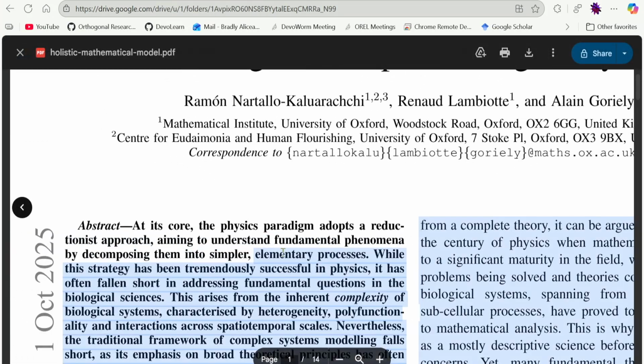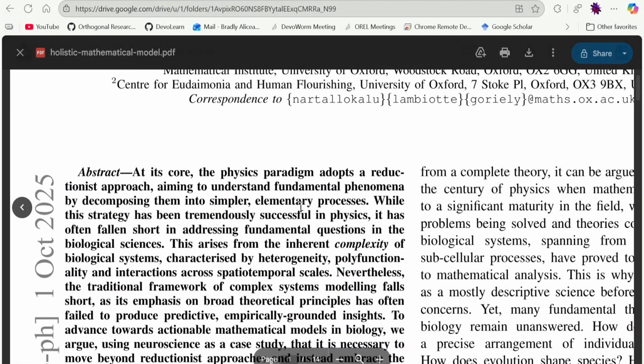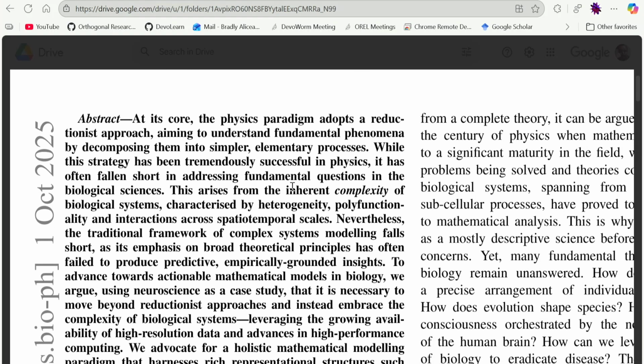So they're going to get into modeling and some of the aspects of modeling, philosophical aspects, technical aspects that we need to think about when we apply a model to a system. So the abstract reads, at its core, the physics paradigm adopts a reductionist approach, aiming to understand fundamental phenomena by decomposing them into simple, elementary processes.